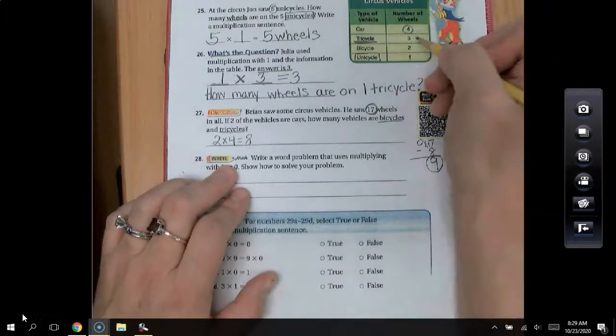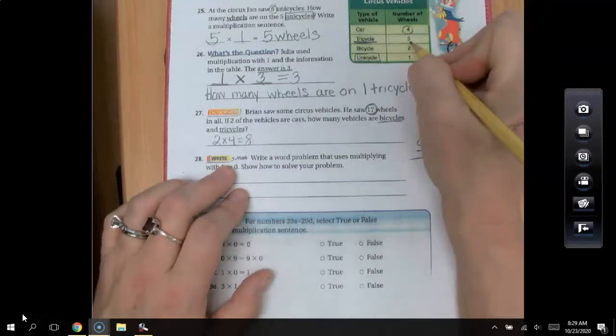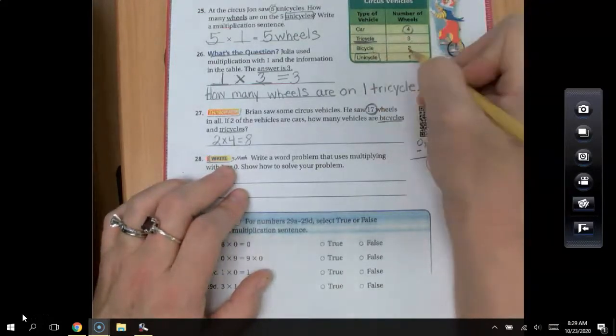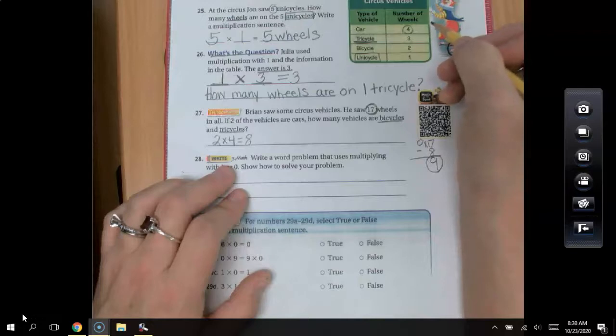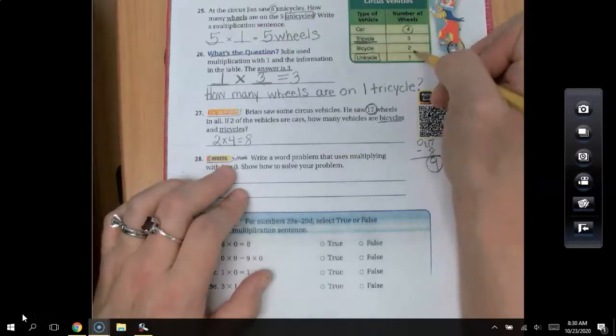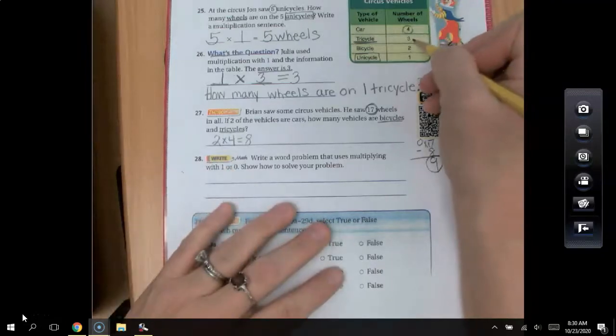Well, let's go up to our chart. I know that tricycles have 3 wheels each, and bicycles have 2 wheels each. So what could I do? Well, let's figure this out. I could do 2 tricycles, so let's try 2 tricycles.